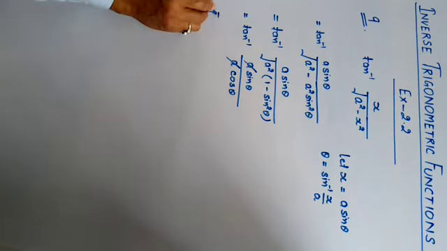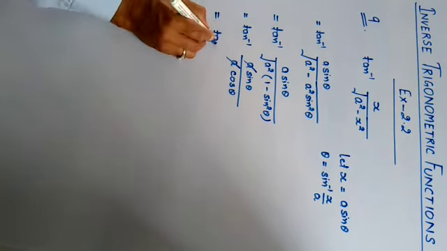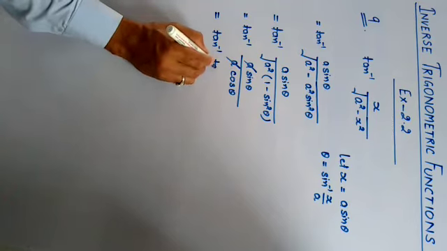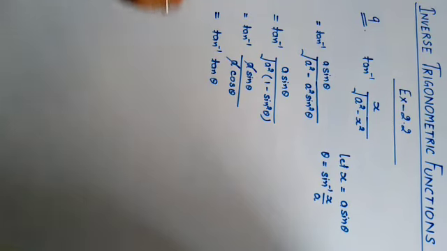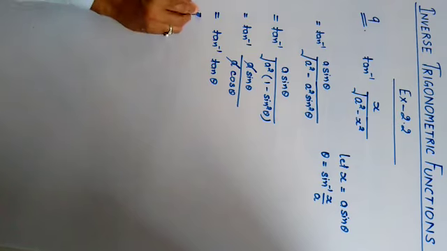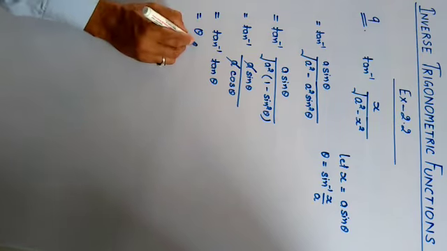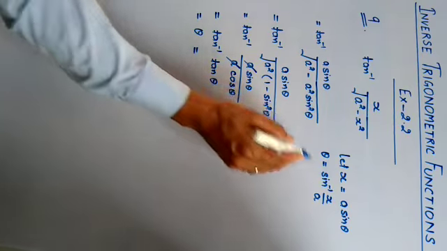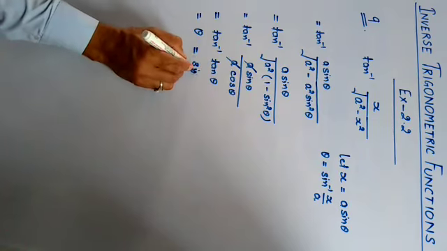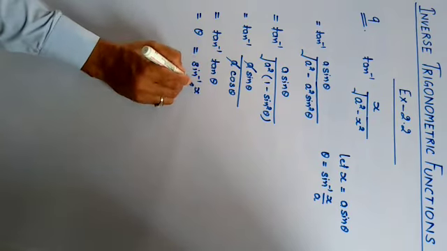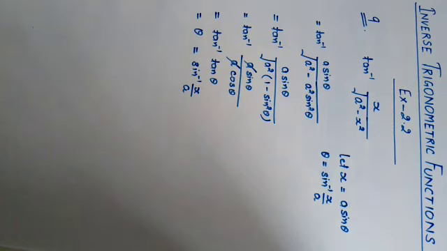A cancel, so it will be tan inverse of sin theta upon cos theta, which is tan theta, which equals theta. And what is theta? Sin inverse x upon a is the simplest form of the given question.